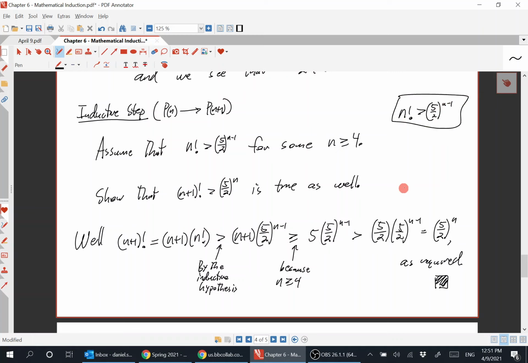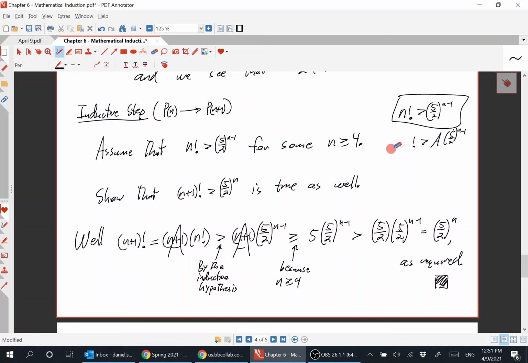Therefore, a times n factorial is strictly greater than a times 5/2 to the n minus 1, as long as a is a positive number, which n plus 1 is. Because n factorial is greater than 5/2 to the n minus 1.